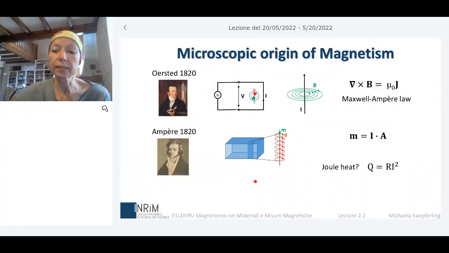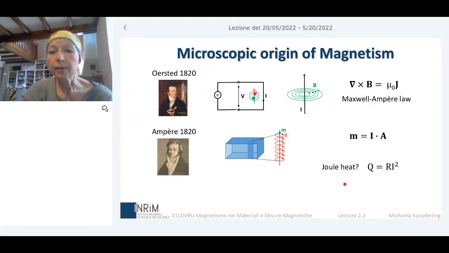In this way we can get a magnetization, but one of the problems that was considered by Weber, for example, was what happens to the Joule heat. It was already known that an electric current heats up the wire where it's flowing, because there is some power dissipated by the resistance in the wire.